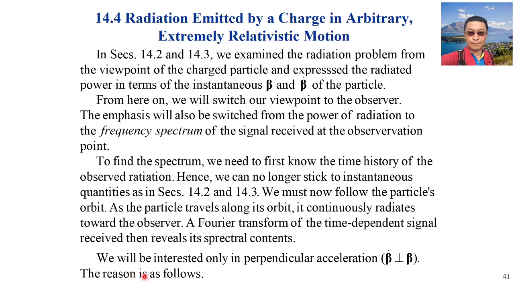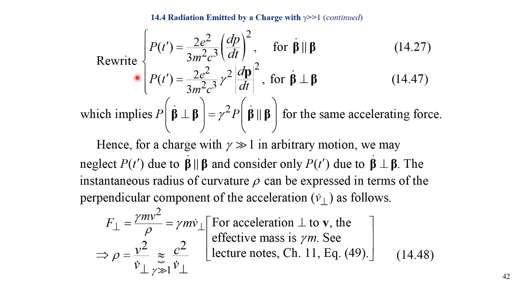The reason is as follows. Actually, we have explained why we like this one before, but I will reiterate it again. Look at this equation. Equation 14.27 is for a parallel acceleration. We have the total radiated power.